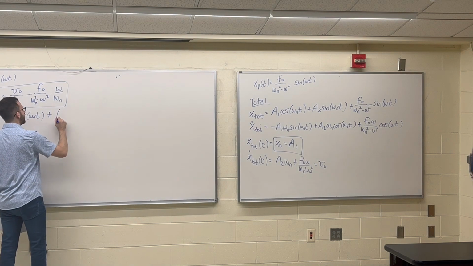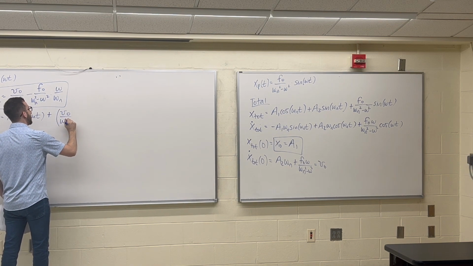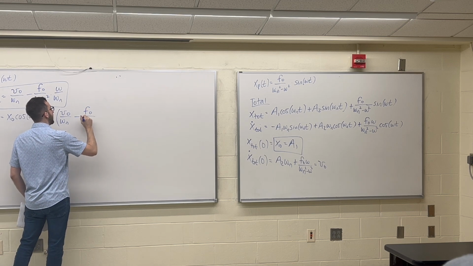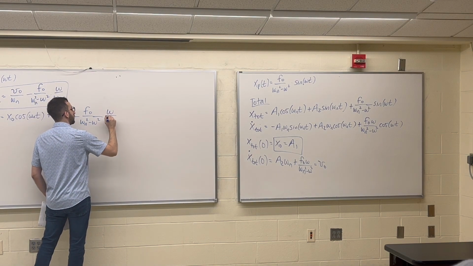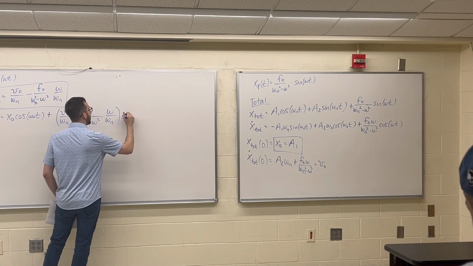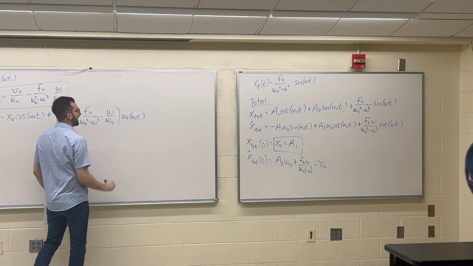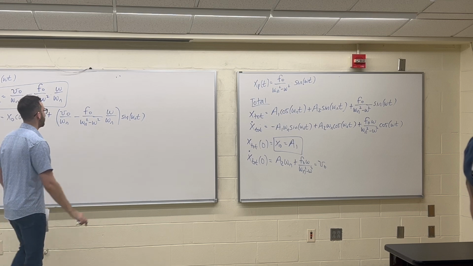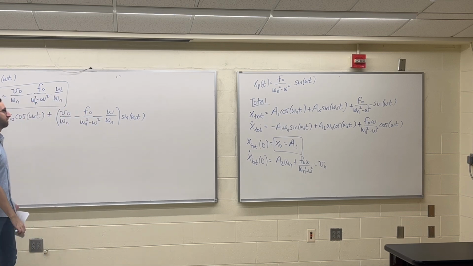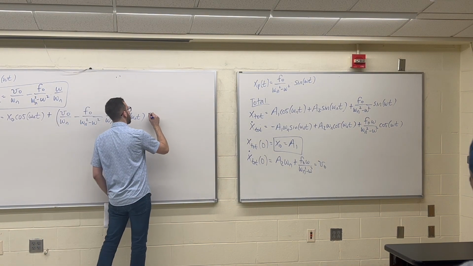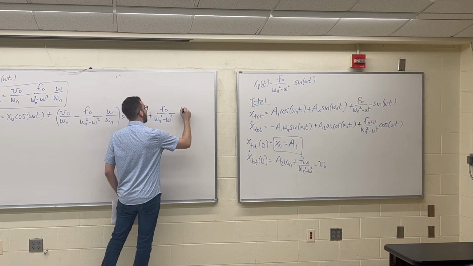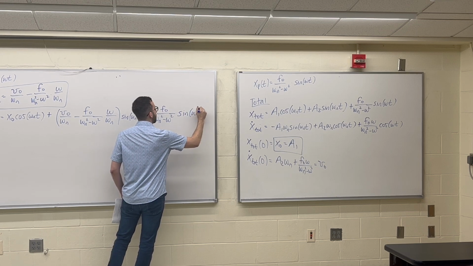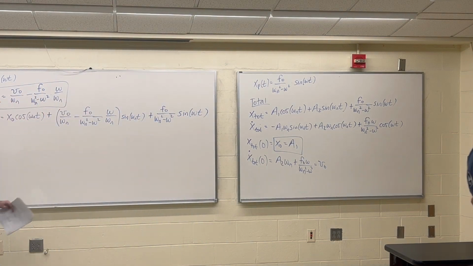So A2 is this whole thing here, v naught over omega n minus F naught over omega n squared minus omega squared times omega over omega n, that's sine omega nt, or sorry, cosine. Wait, sine. Looking at the top one, yeah. Plus F naught over omega n squared minus omega squared times sine of omega t.